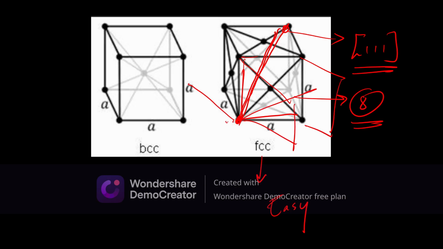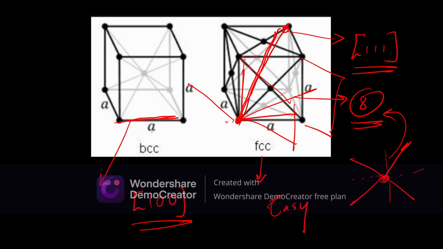Similarly, there are three, four, five, six, like this, eight in total. In the case of FCC, the easy axis is one, zero, zero. This one is the easy axis.